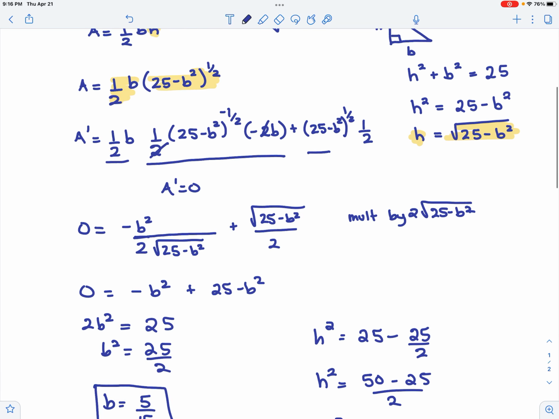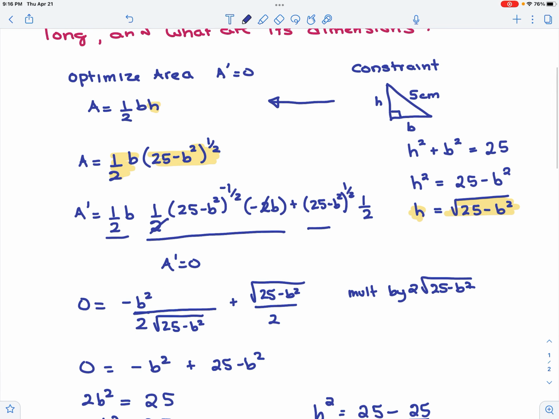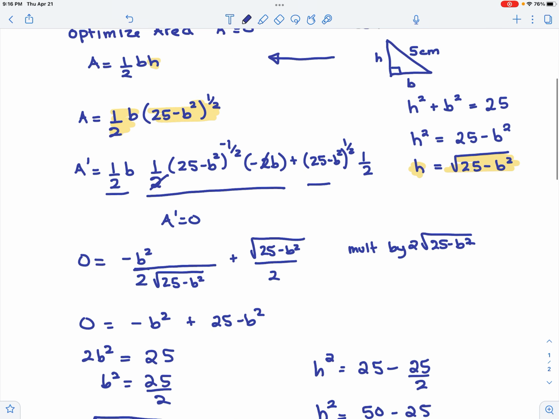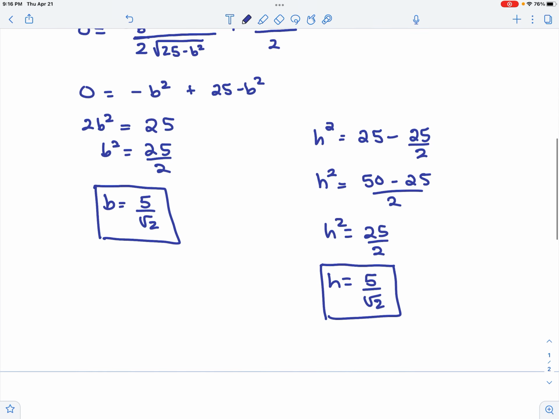Okay, so an isosceles triangle is going to give me the biggest area. And the area would be a half the base times the height, which gives me 25 over 2 times 2, so 25 over 4.